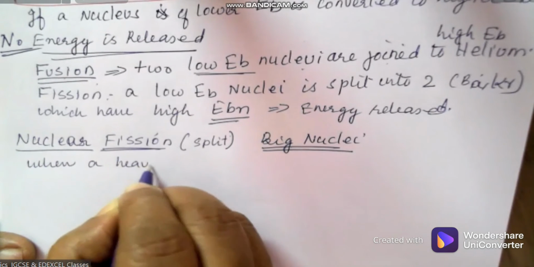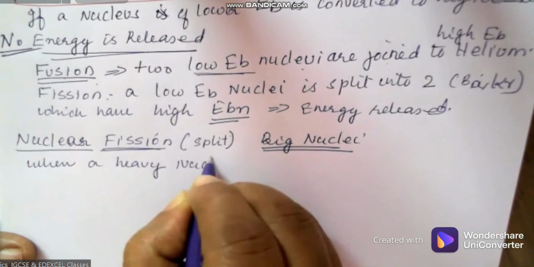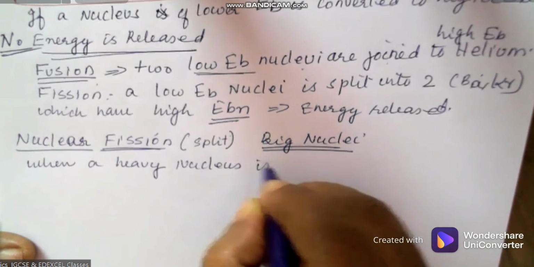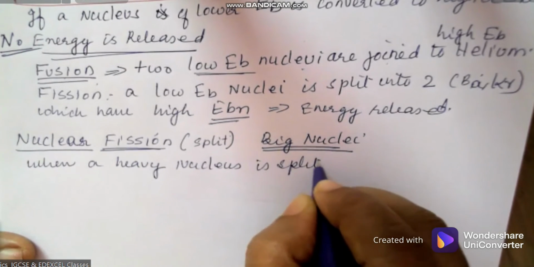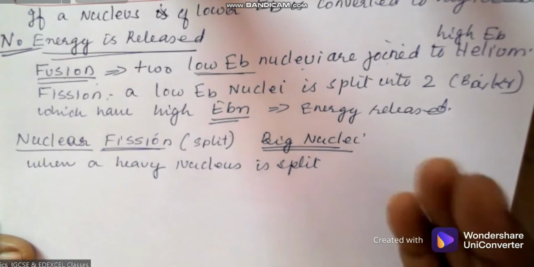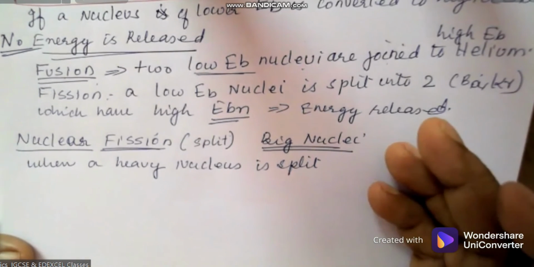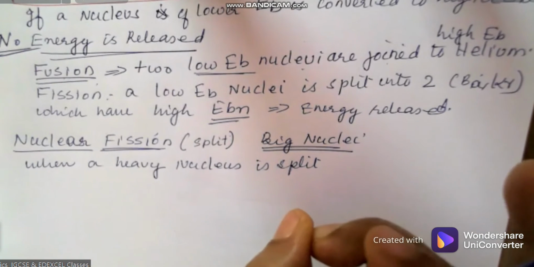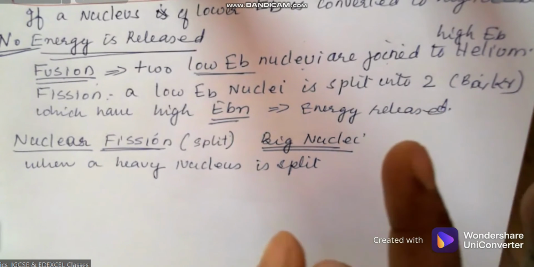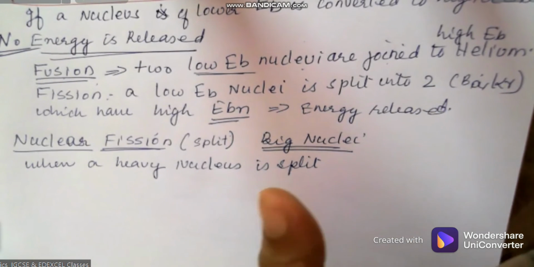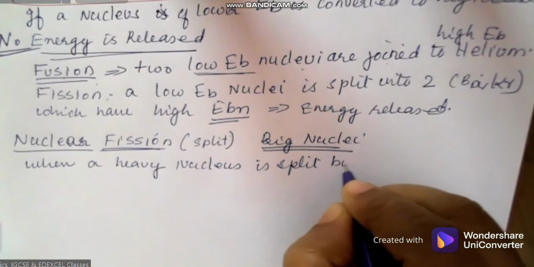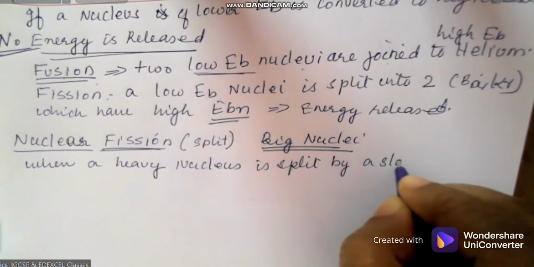When a heavy nucleus is split. And how do we actually split? It's rather easy. Simply hit it with a slow neutron. A heavy nucleus is split by a slow neutron.